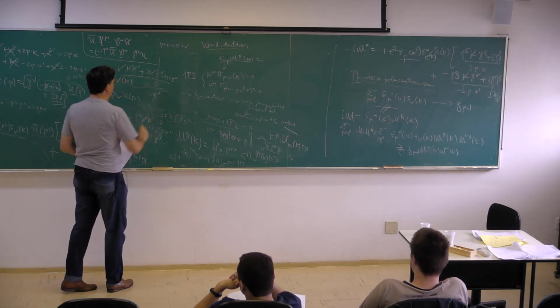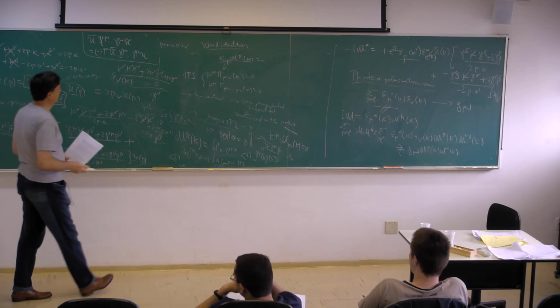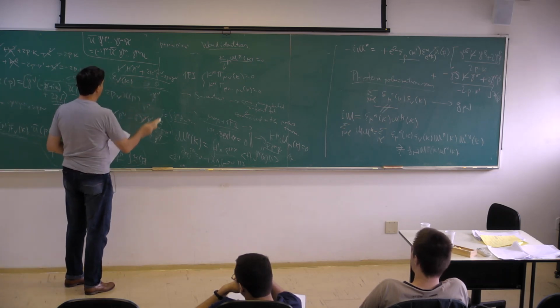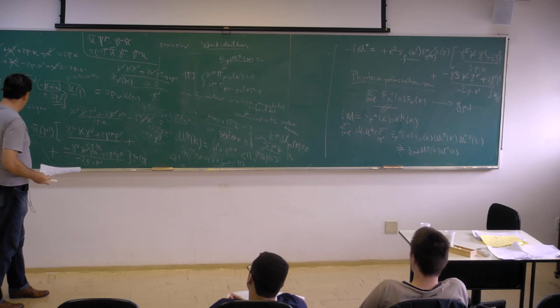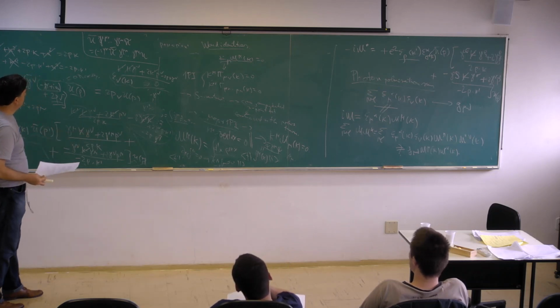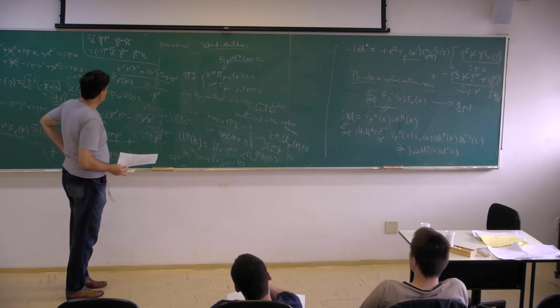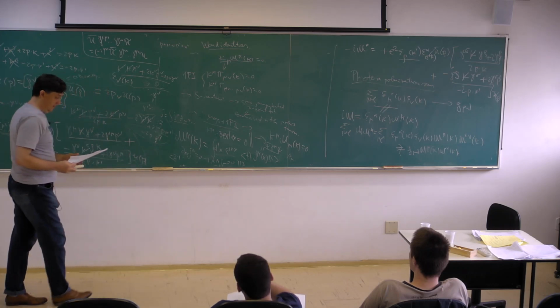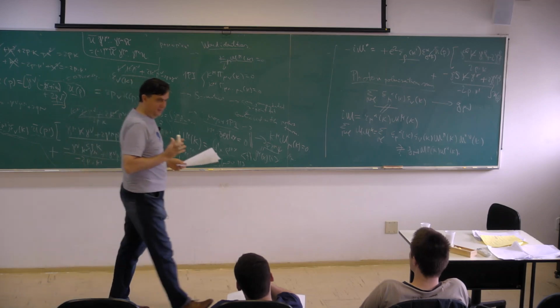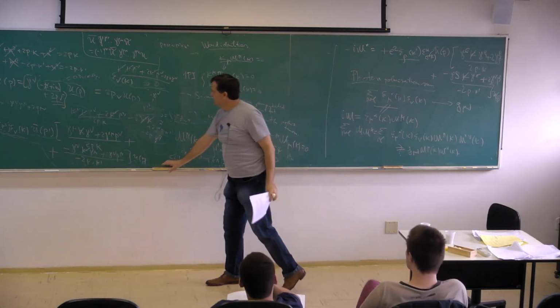I mean, I know it is true, but I just cannot see it. Why is this? Because everything else, I mean u bar of p prime, u of p, I don't think makes any difference. There's no p slash anywhere. Ah, well. Okay, sorry about this. I'll try to think about why this is 0.